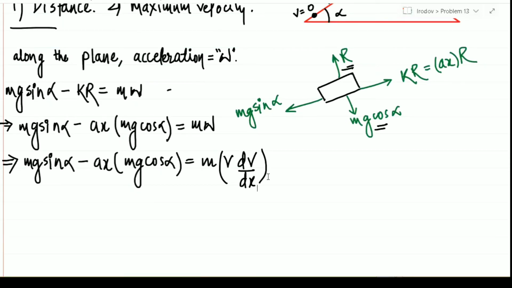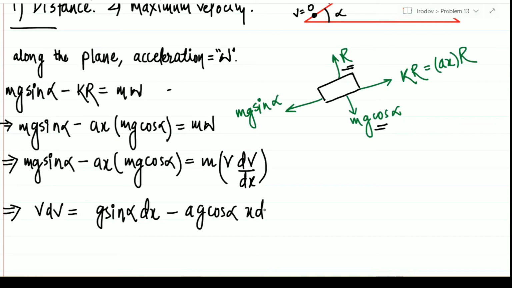Now m from all the sides cancels, and we have v dv is equal to g sine alpha dx minus a g cos alpha x dx, that is x dx. That's it.